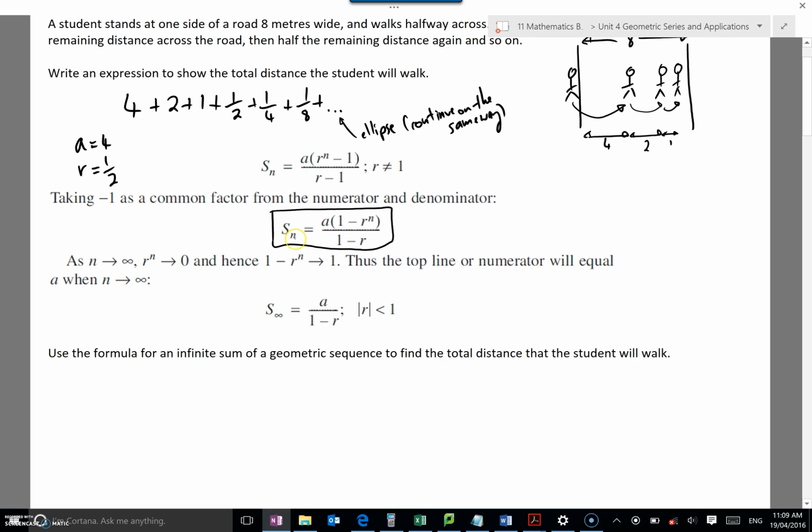So when we look at this sum of n terms, imagine that n is infinity. Imagine we're finding the sum of infinity terms. I'll write it on the other side. So a is still the same. We'll have 1 minus whatever r is, but this will be to the power of infinity, divided by 1 minus r.